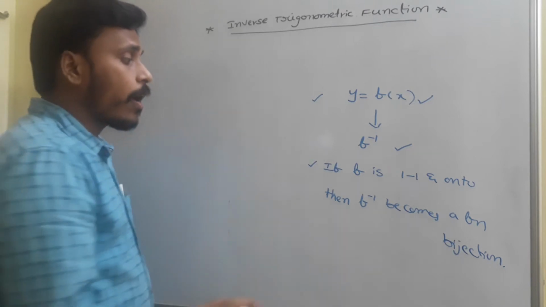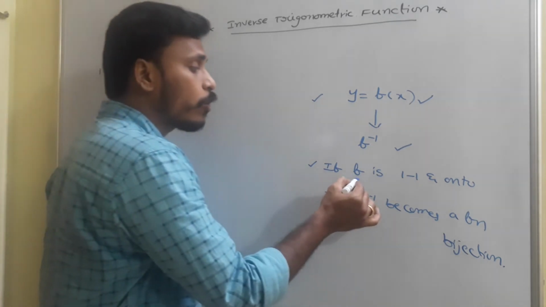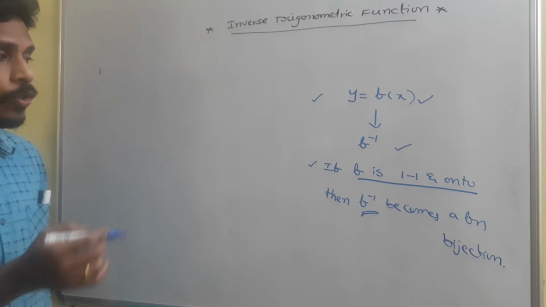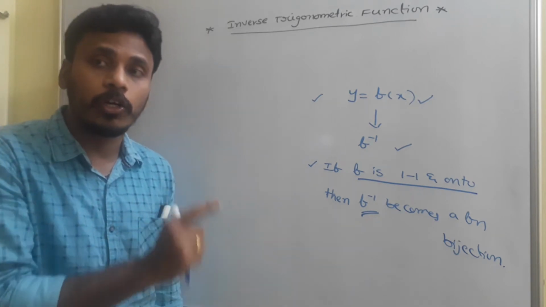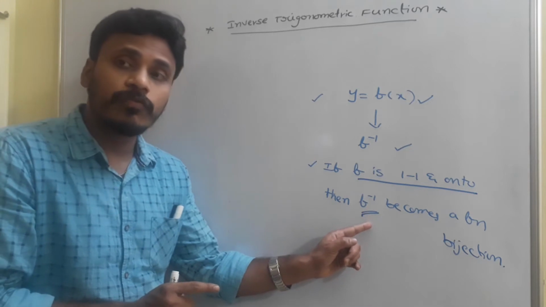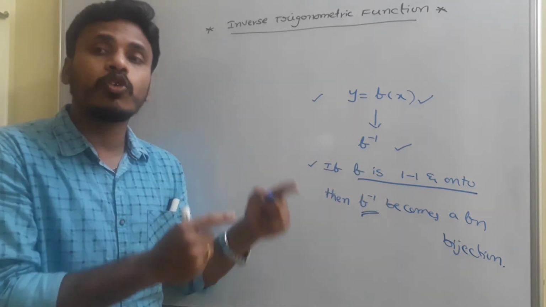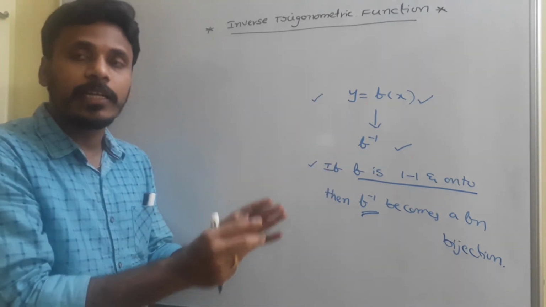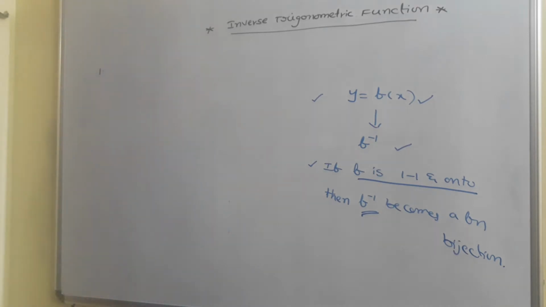To decide whether that f inverse is a function or not, we need to check whether the given function is 1-1 and onto. If the given function is both 1-1 and onto, then this f inverse will become a function, and not only a function, it also becomes a bijection. All these things we already learnt from functions and the inverse function concept.